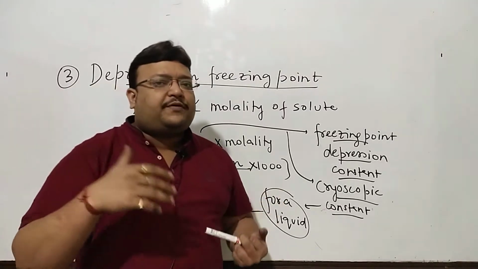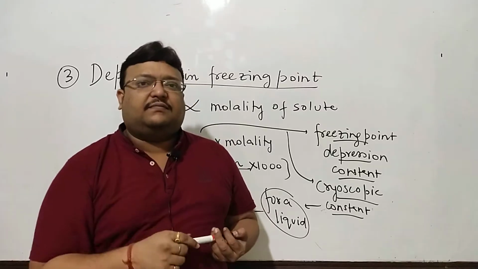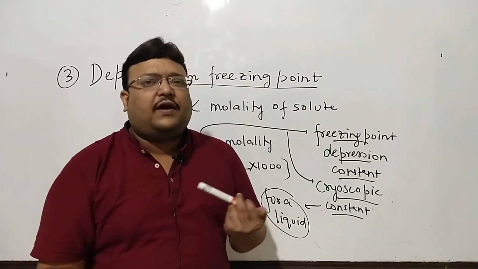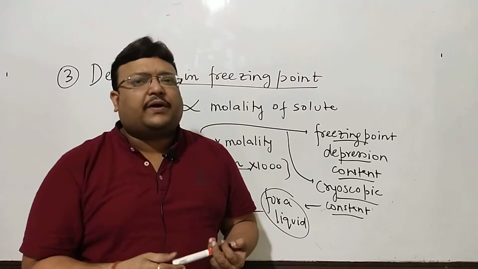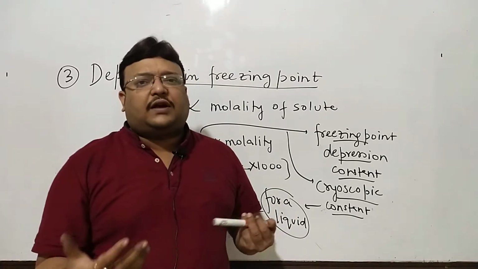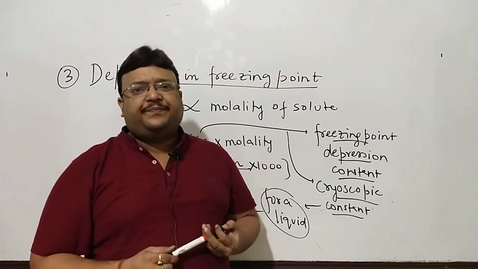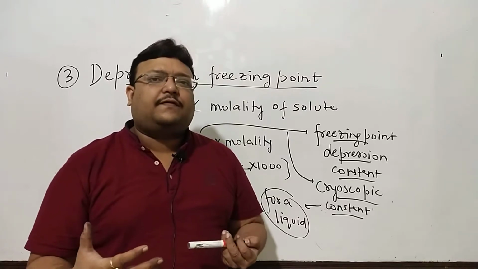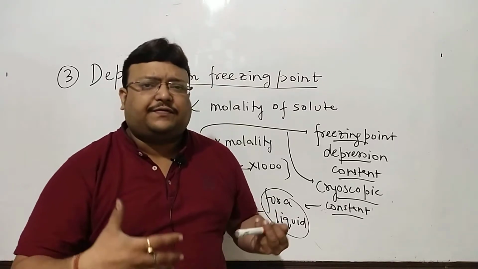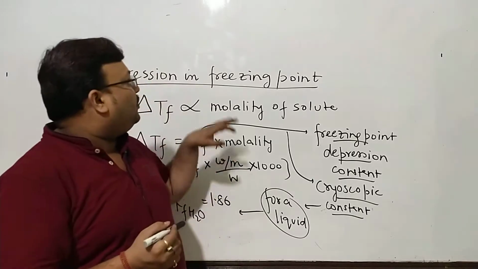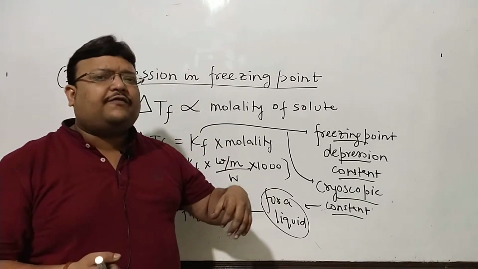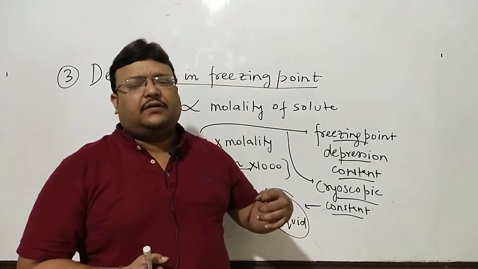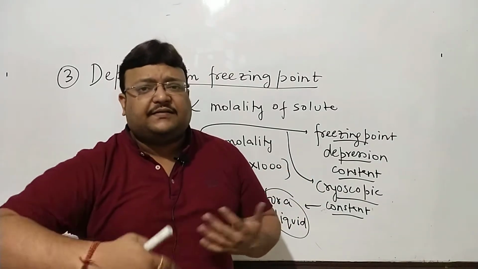Now suppose it drops to a value which is equal to the atmospheric temperature. Naturally, there is snowfall and everything is frozen, because in those countries, the temperature is much below 0 degrees Celsius. So when you sprinkle salt, because of a high concentration of salt there, the freezing point or the melting point decreases, and from 0 degree, if it drops to the atmospheric temperature, ice will start melting.